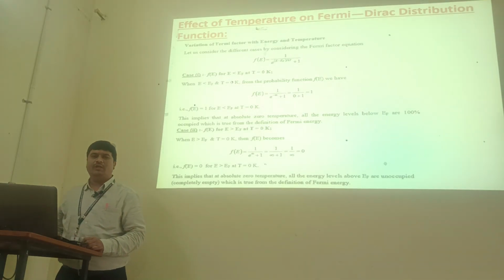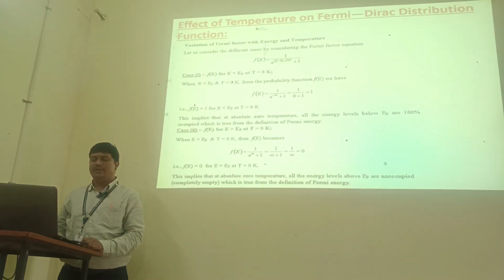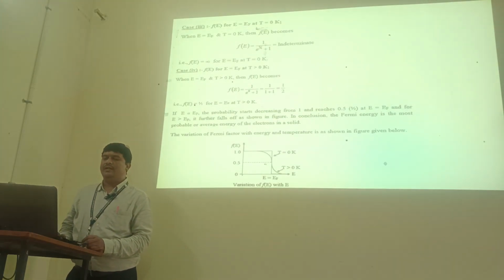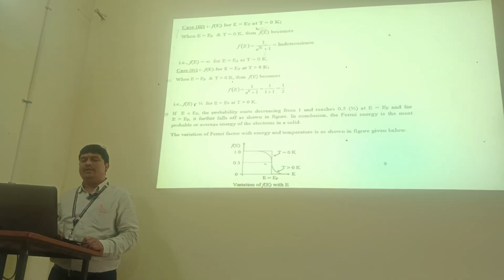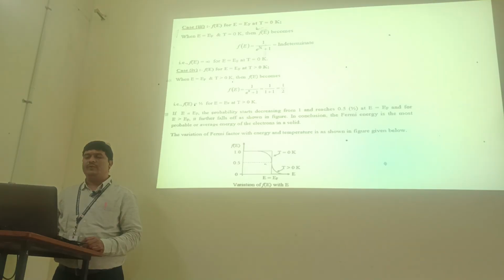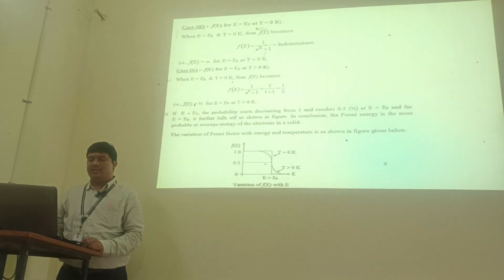That means no electrons will occupy the levels above the Fermi energy level. Next, E equal to EF, then f(E) equal to 1 by 2. That means 50% of the Fermi energy level will be occupied.